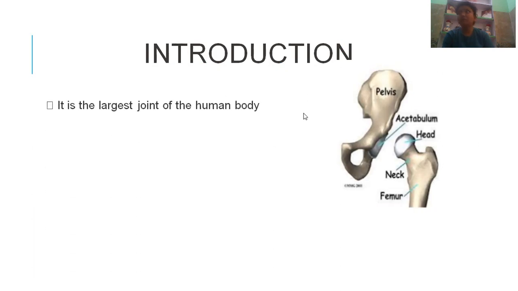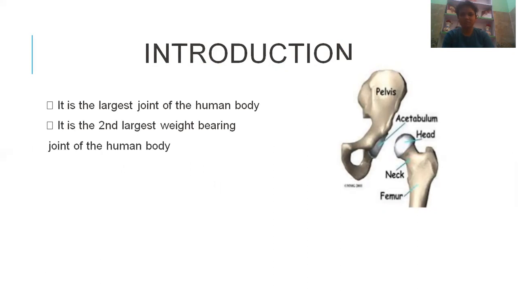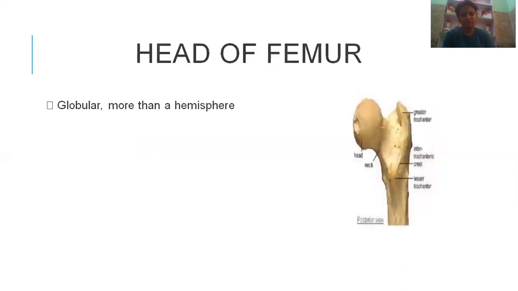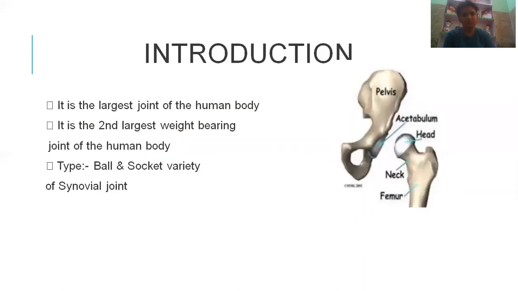So basically, it is the largest joint of the human body. It is the second largest weight bearing joint of the human body. When we talk about the type of the joint, it is a ball and socket variety of synovial joint.